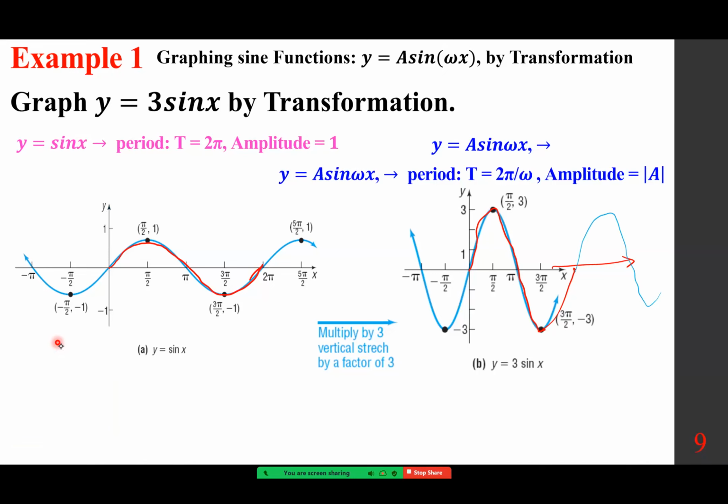And believe it or not, that's it. So we have the same domain. We have the same period. What has changed? The amplitude was 1. Now the amplitude is 3. And therefore, the range is from -3 to 3 again.